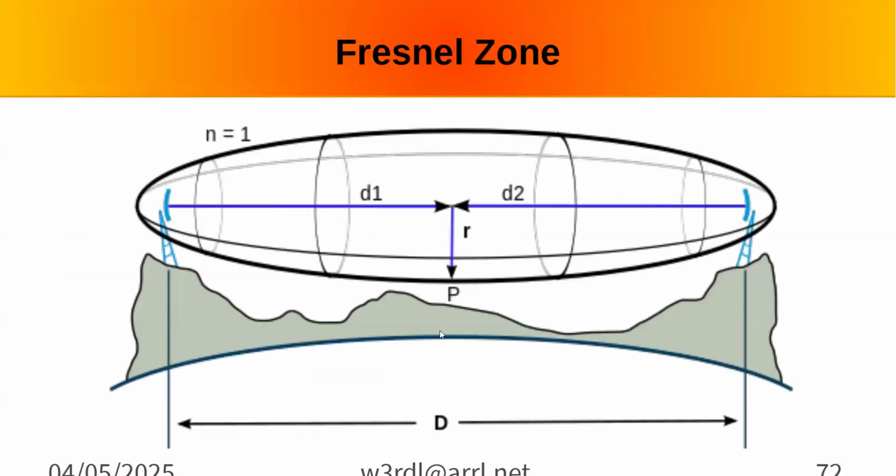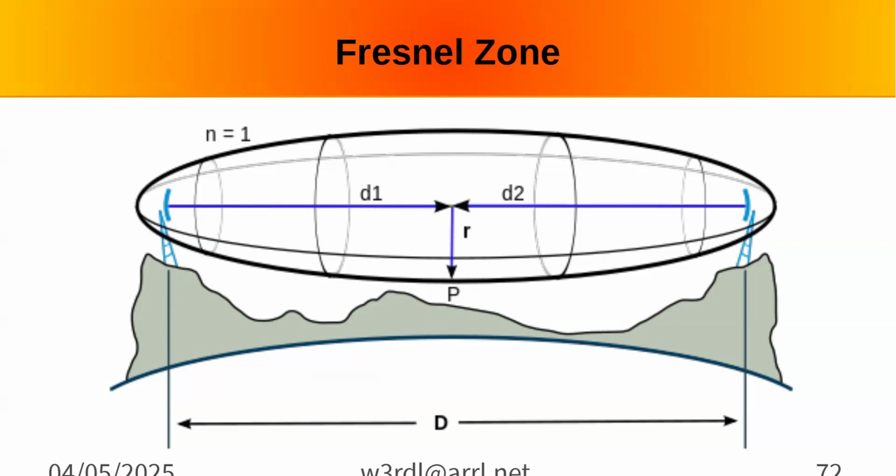Okay, Fresnel zone. When you're doing a point-to-point communication system, and this is typically at UHF and above frequencies, you have this radiation pattern between two stations that's an ellipsoid.